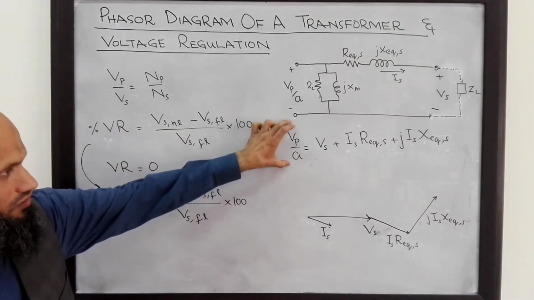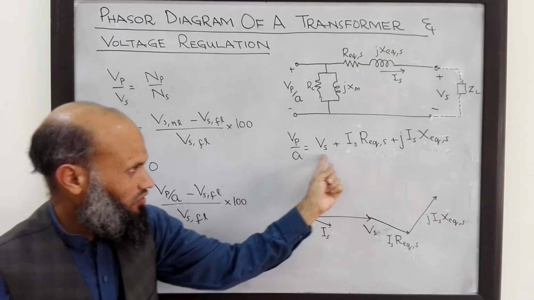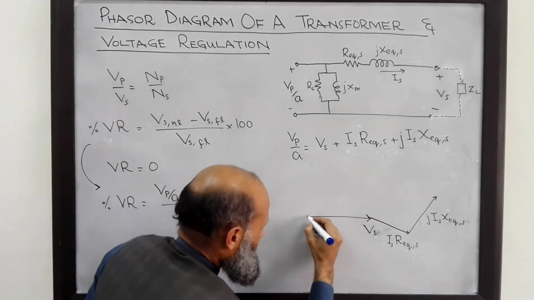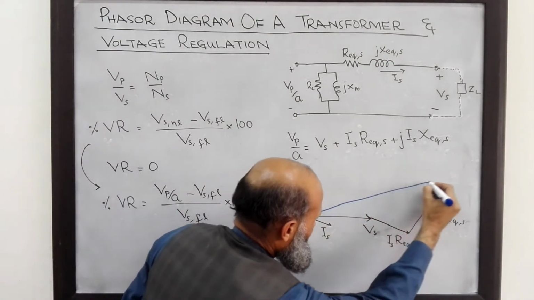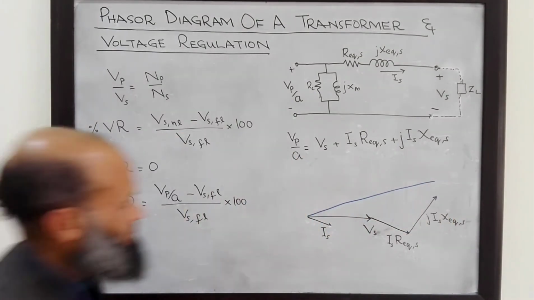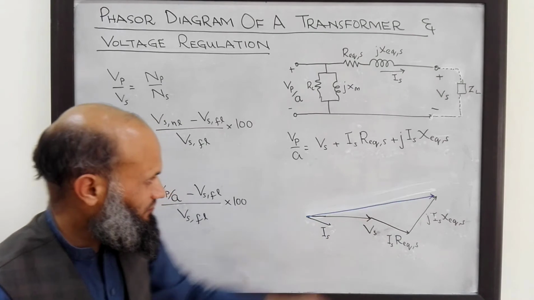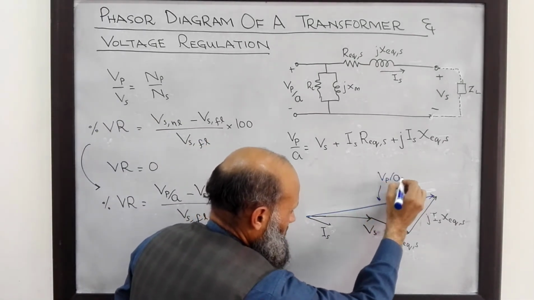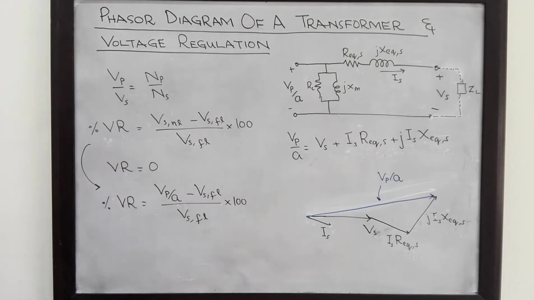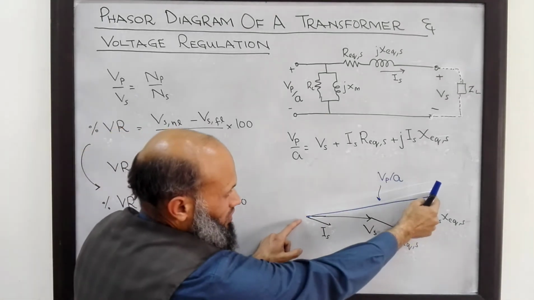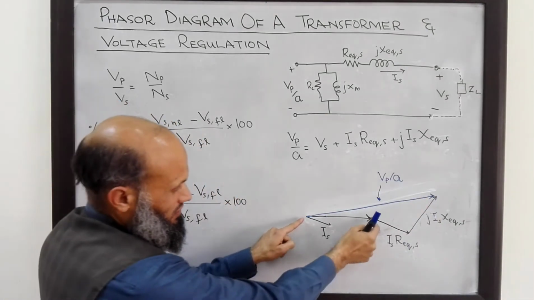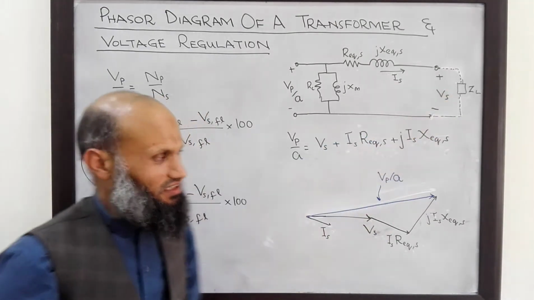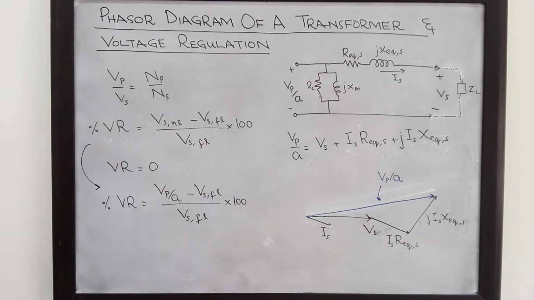And Vp over A is the phasor sum of these three voltages. That is, Vp over A is given by this phasor. This is the phasor for Vp over A. What we observe is that the magnitude of Vp over A is always larger than Vs if we have connected an inductive load on the secondary side.